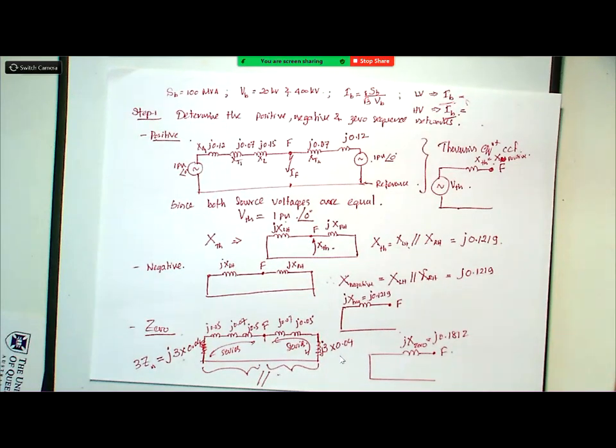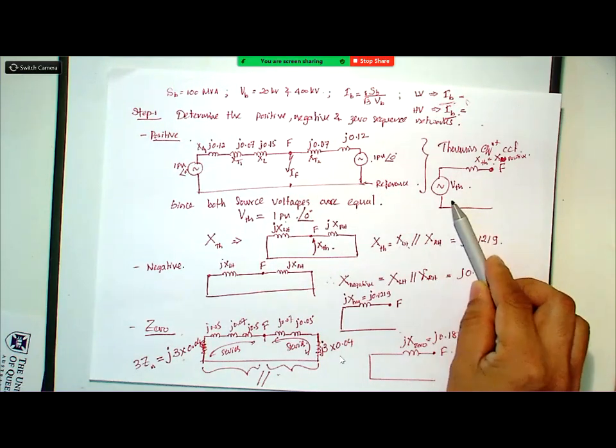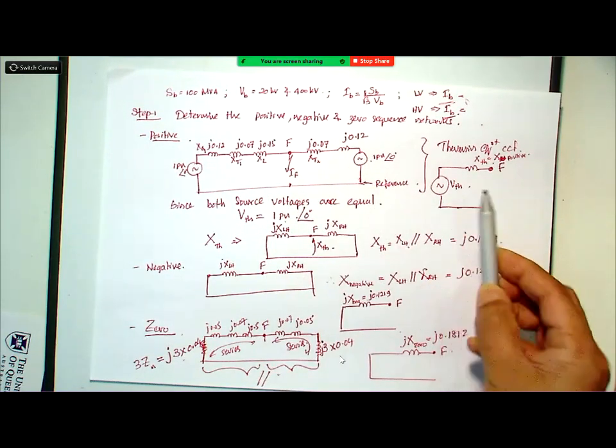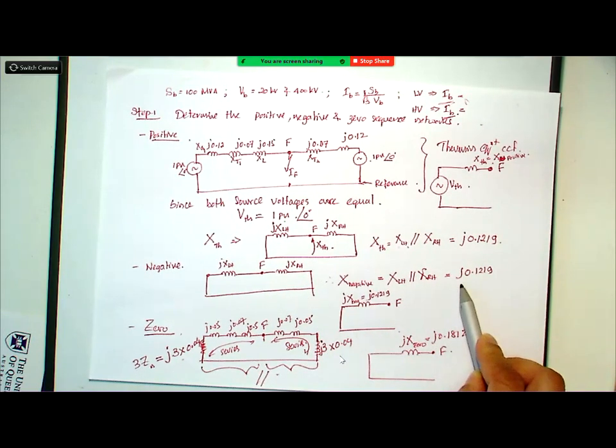Yeah, so for the positive sequence network, we have this one, right? Finally, we found the positive sequence network here. And then the negative sequence network, we found that the total impedance is this one, right?